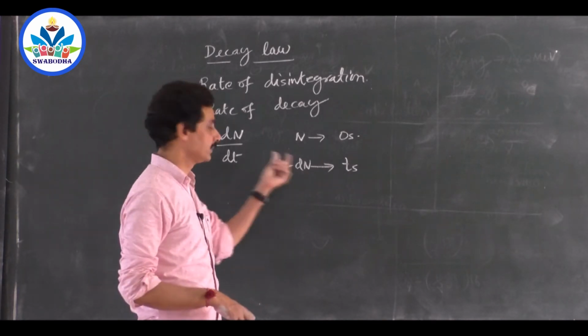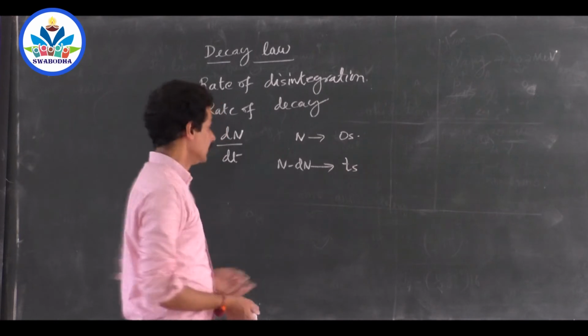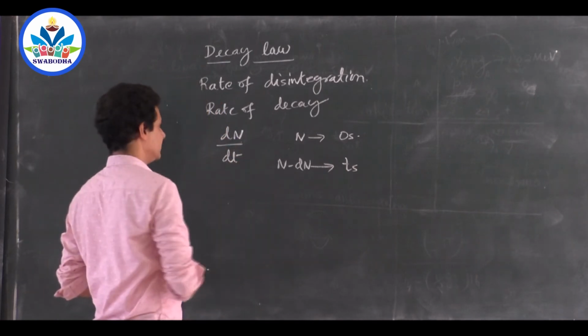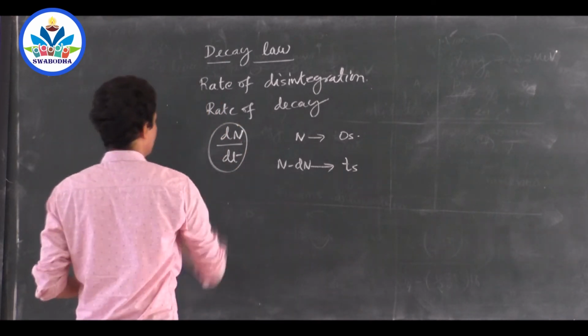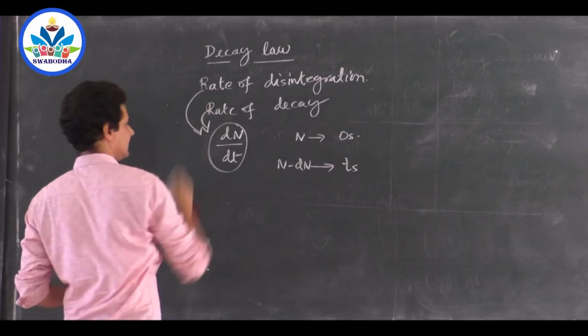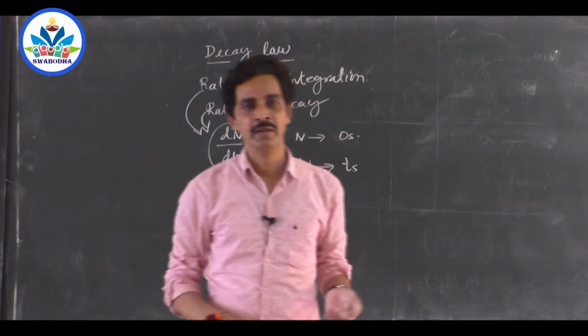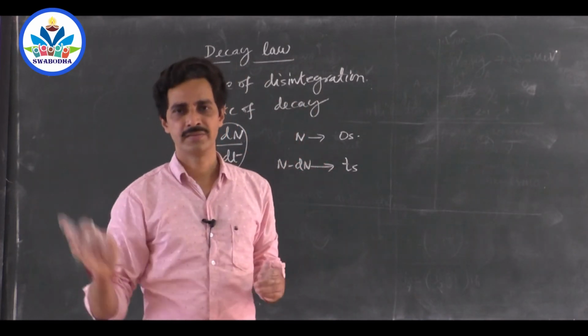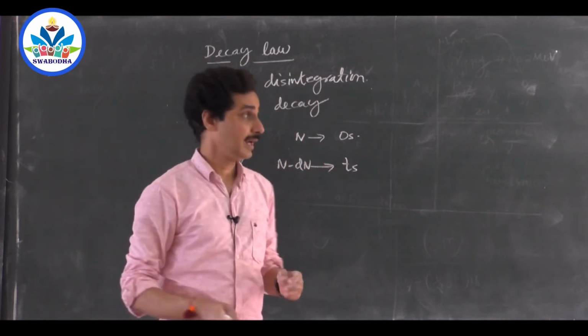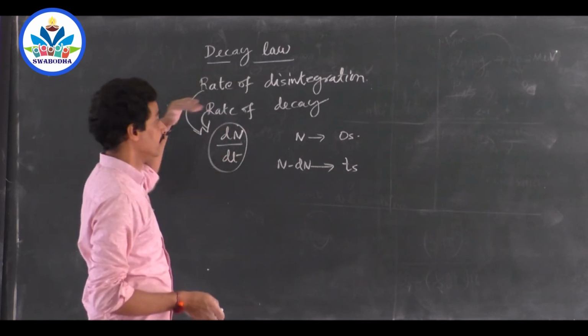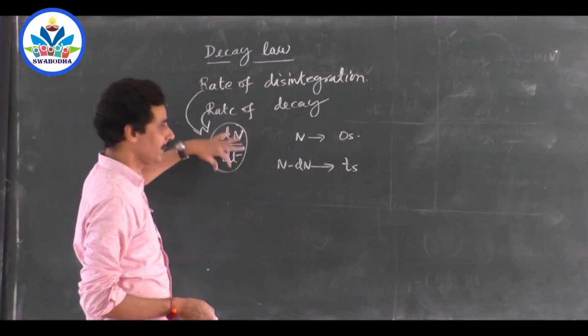How much remaining? 1000 minus 500, that is 500. Then dN is the lost number. This is called rate of disintegration. Can you understand it now? 500 atoms have been lost as thorium, divided by 24 hours. Convert it into seconds later. Rate of disintegration is the number of atoms disintegrating per second.